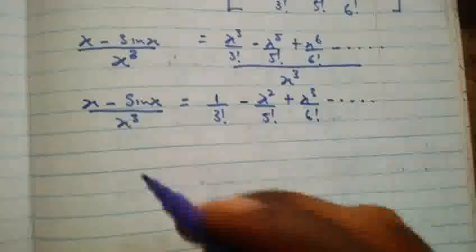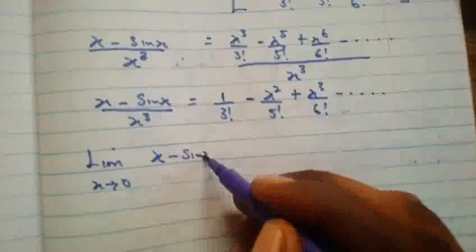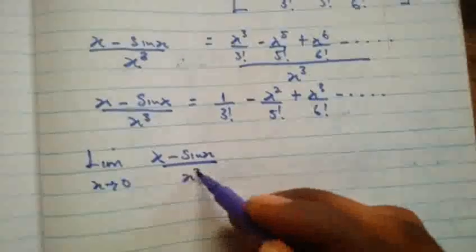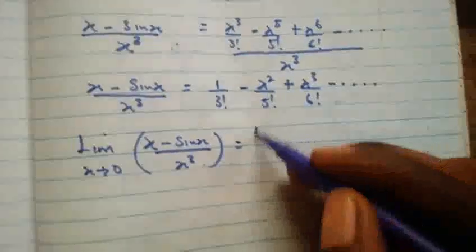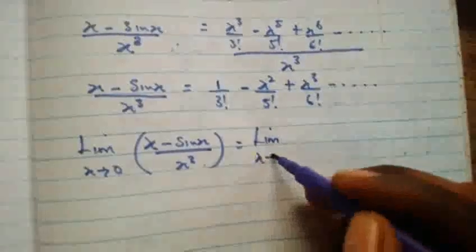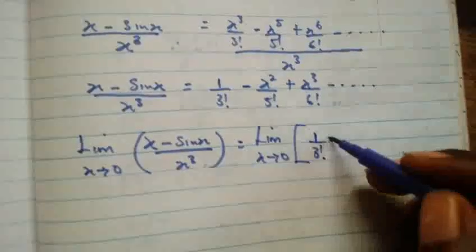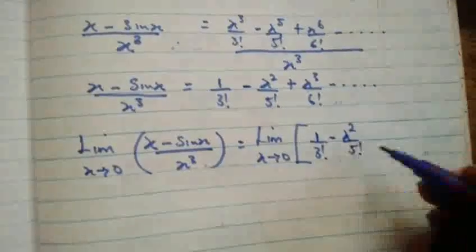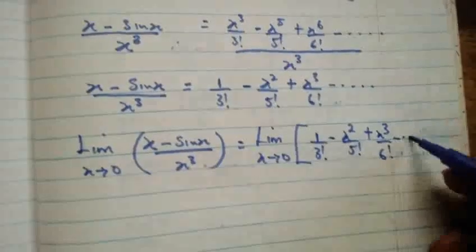Okay, now we have that the limit as x is approaching 0 of this function x minus the sine function of x all over x cubed is the same as the limit as x is approaching 0 of this series: 1 all over 3 factorial minus x squared all over 5 factorial plus x cubed all over 6 factorial minus, and so on.